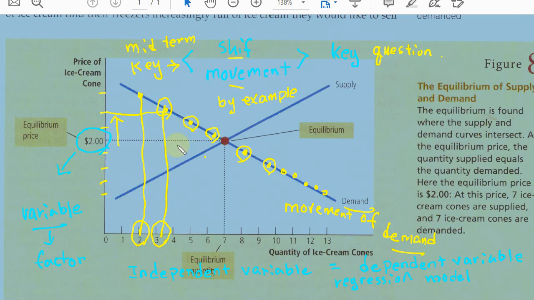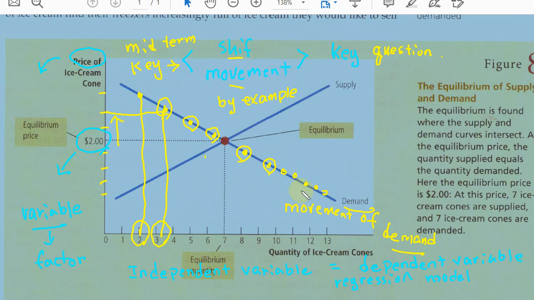In movement of demand, the factor which makes the movement is the only factor shown in this graph. The independent variable is pricing, because the price of an ice cream cone, as an example here, is the main factor which makes the movement of demand.